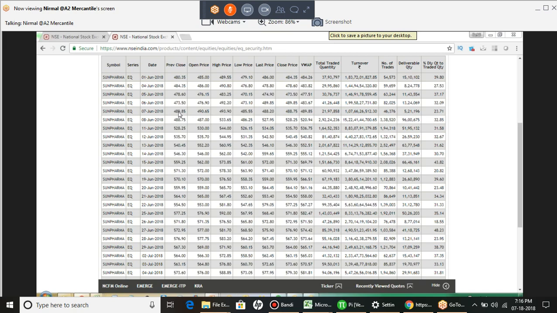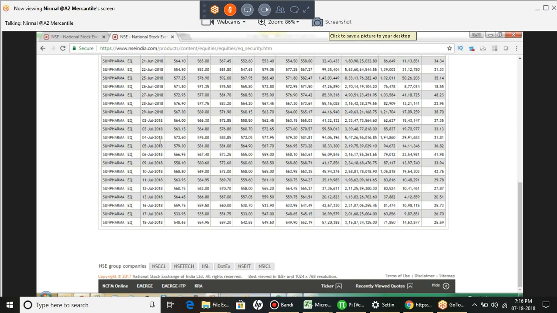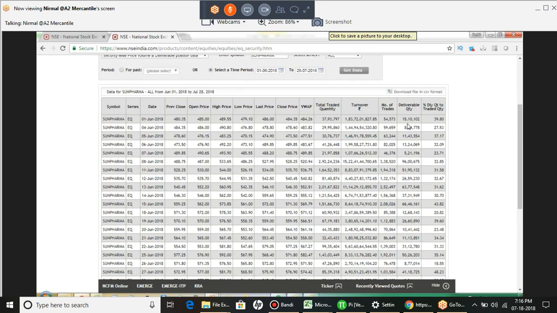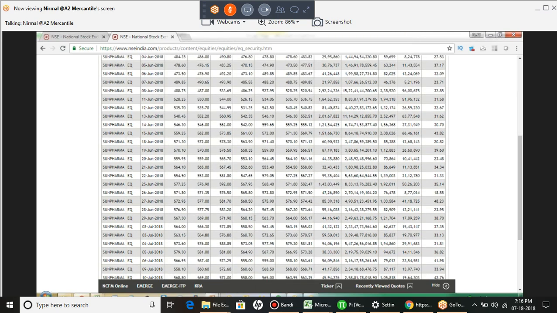Now, what I did: this section is completely June month, correct? And from 2nd of July onwards, this is the July data. When looking at the June data, I took it from the first trading day of the month till the last trading day of the month.